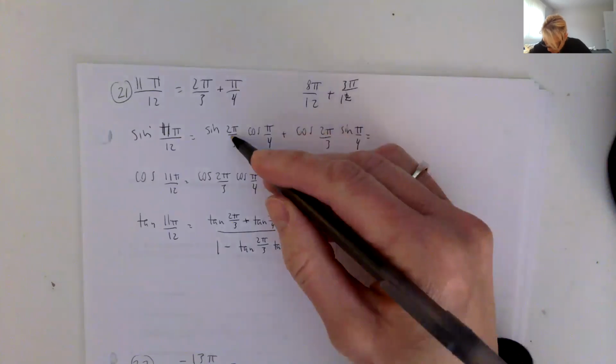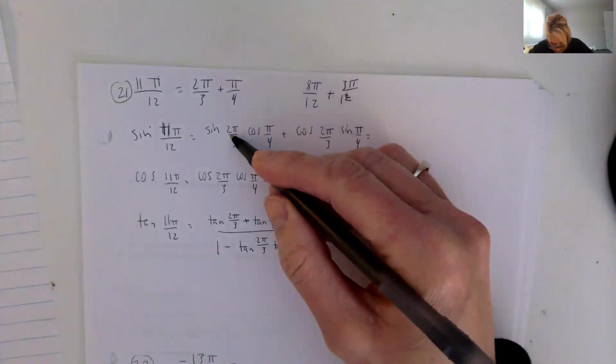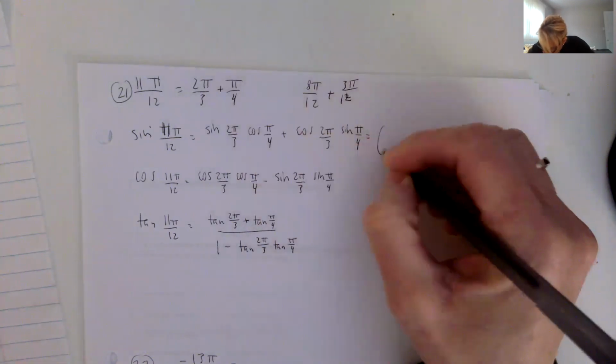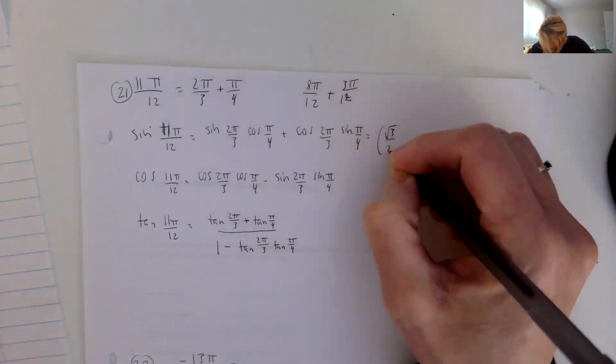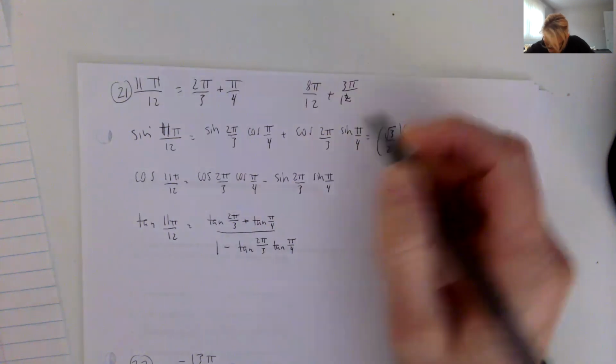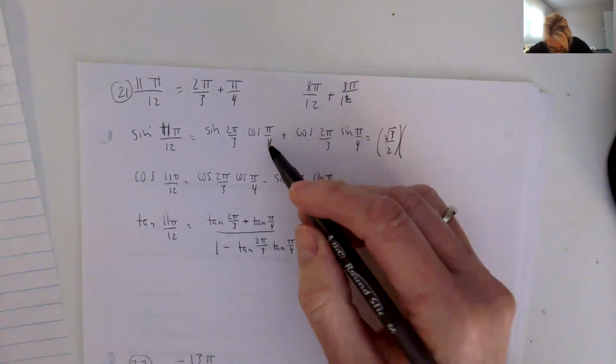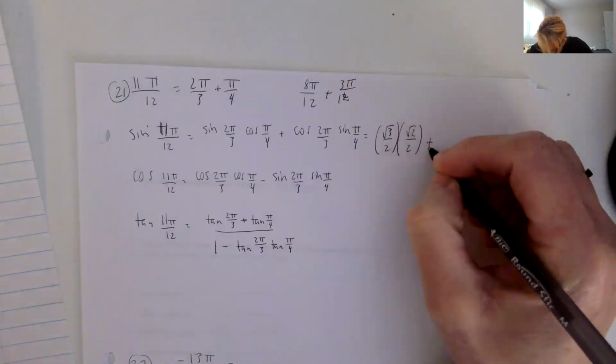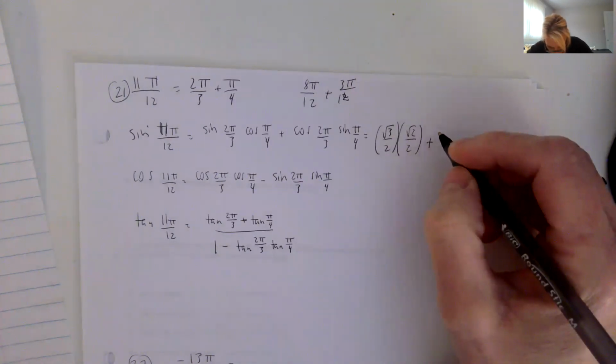So 2 pi over 3 is in the second quadrant. So sine in the second quadrant of pi over 3 is a positive square root of 3 over 2 times the cosine of pi over 4, which is the square root of 2 over 2, plus the cosine at 2 pi over 3.